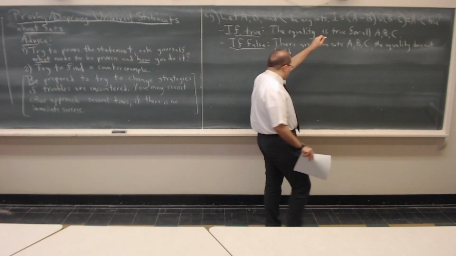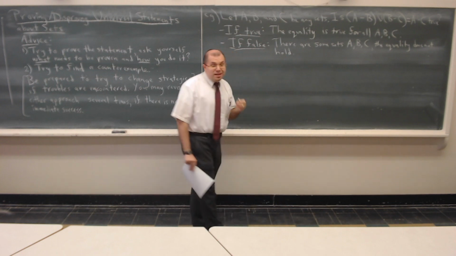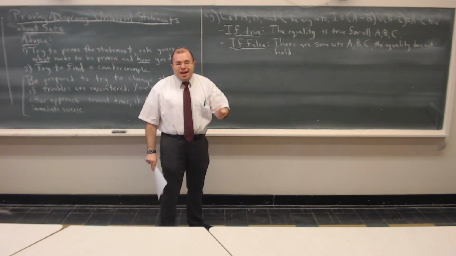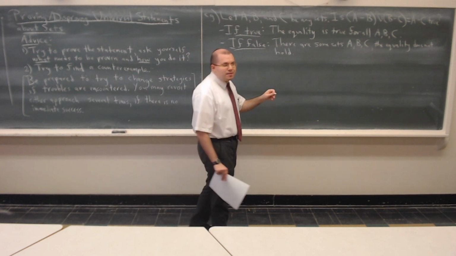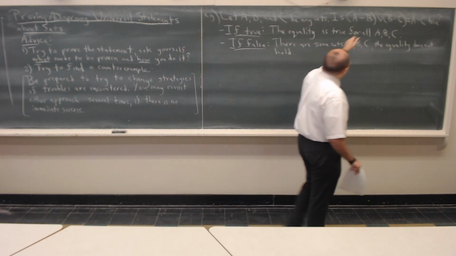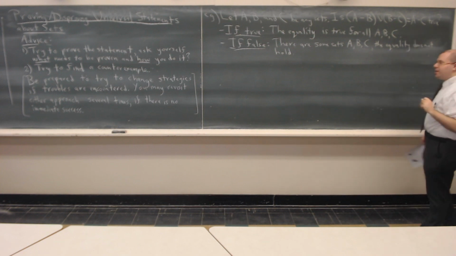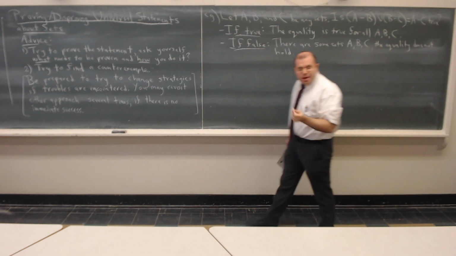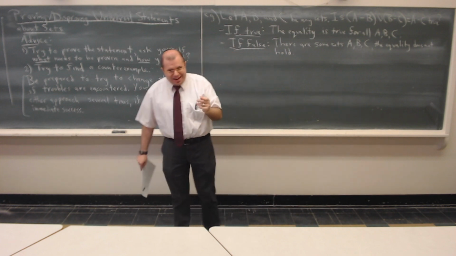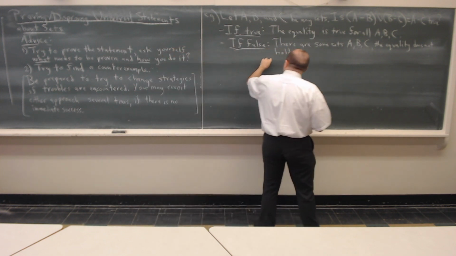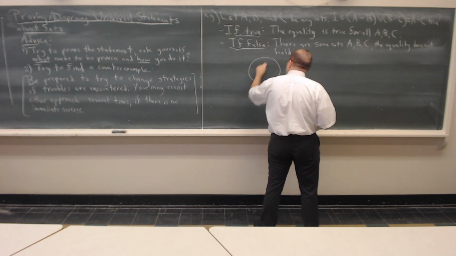Remember, if that equality holds, then no matter what A, B, and C are, I should end up with the same Venn diagram in both cases, right? So if I draw the left-hand side as a Venn diagram, and I draw the right-hand side as a Venn diagram, they should match, no matter which sets I select. I'm just going to pick this one, because I think it's kind of intuitive.